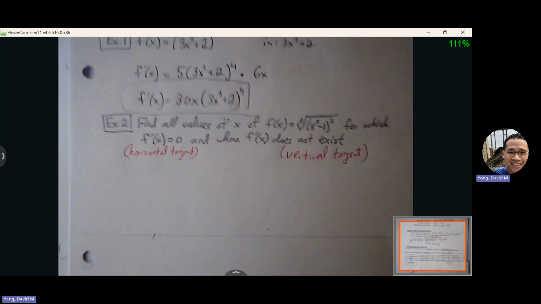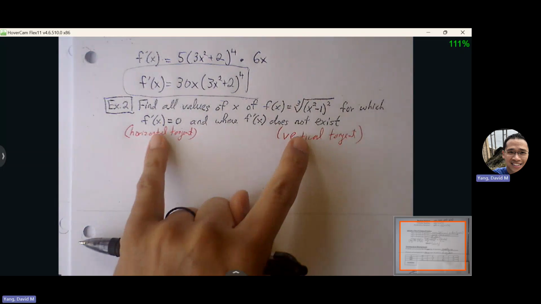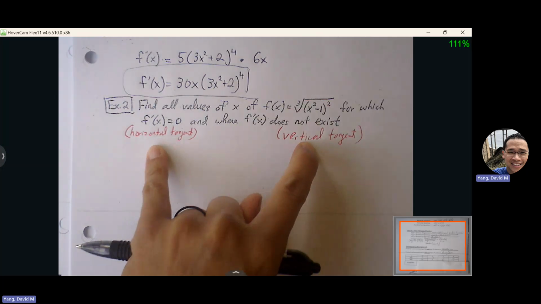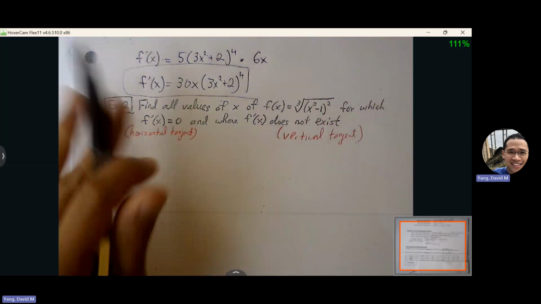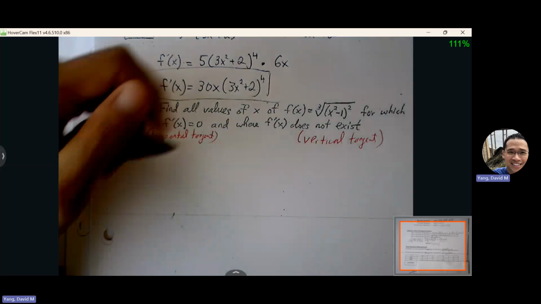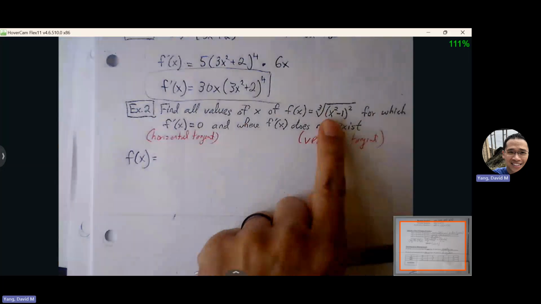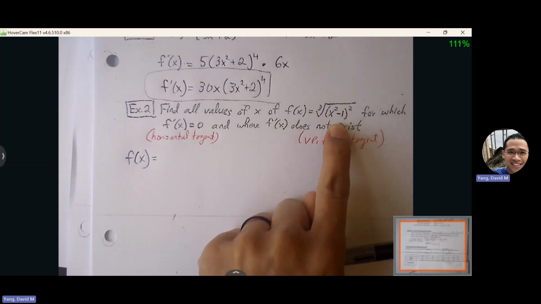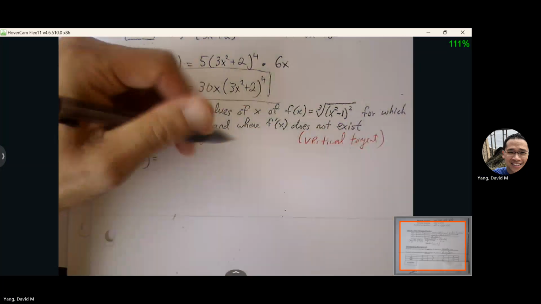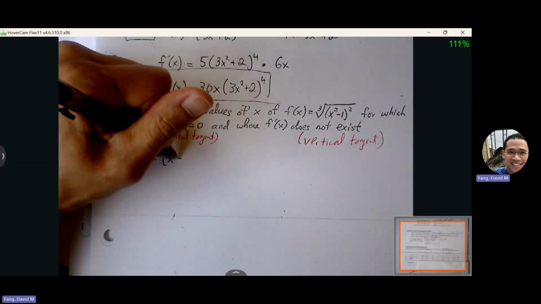All right, so we want to find the derivative. We know that anything dealing with horizontal and vertical tangents comes from f prime, so we've got to get to f prime. But to get to f prime, let's first rewrite our function. So how can we rewrite the function so that we can more easily see what we're looking at? Parentheses x squared minus 1 to the what?